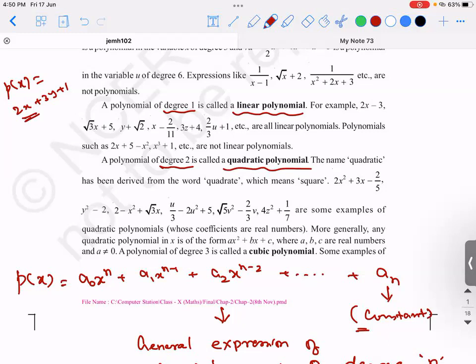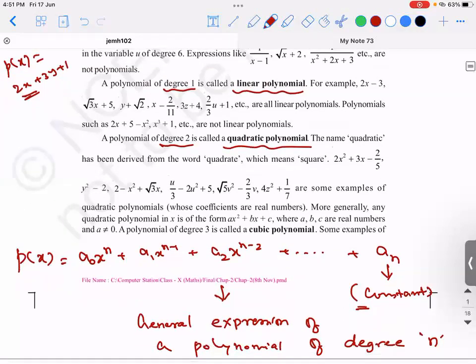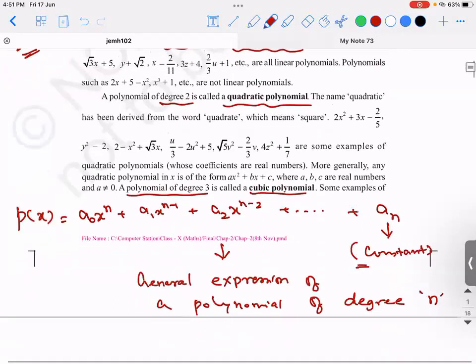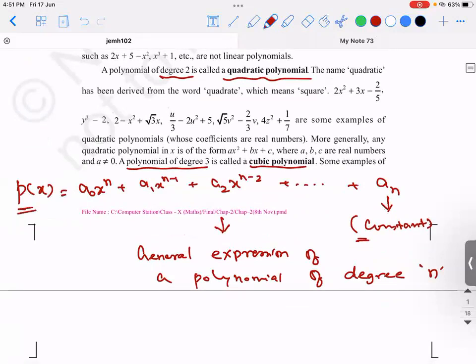An equation will be equal to 0, whereas a polynomial is an expression. Similarly, a polynomial of degree 3 is called a cubic polynomial. In a similar way, I can call this the general expression of a polynomial of degree n, where n can vary from any value.